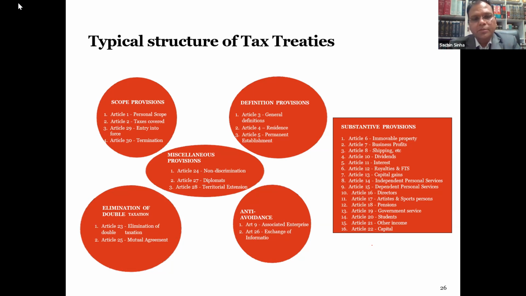If the end user license agreement, because in most cases we are signing an end user license agreement, then it can be said to be a purchase of the software, and this is not a royalty per se, so it will not fall under section 9(1)(vi). So it is out of the question of royalty, and no tax will be deducted in that case.